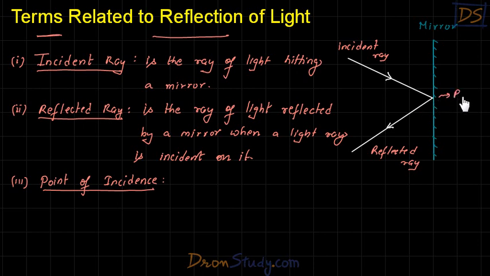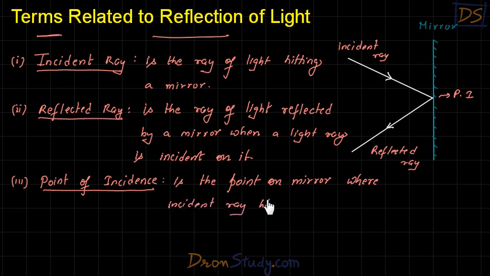This point is the point of incidence. It is the point where the incident ray hits the mirror. So point of incidence is the point on the mirror where the incident ray hits it.